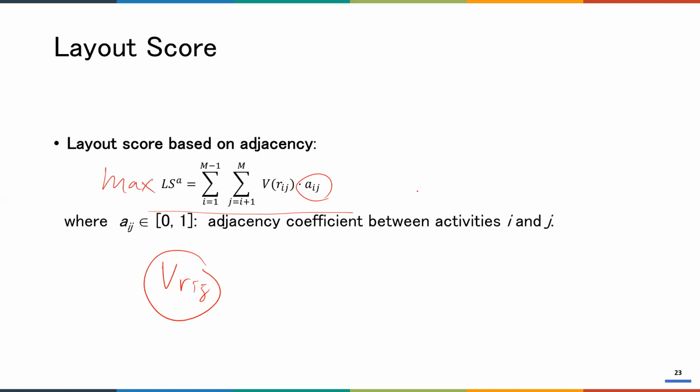So your layout is qualitatively better if you have a big value for this LSA, or the layout score based on adjacency. How we set the value for this one depends. For example, if it's really important, we just give a big value, something like this.